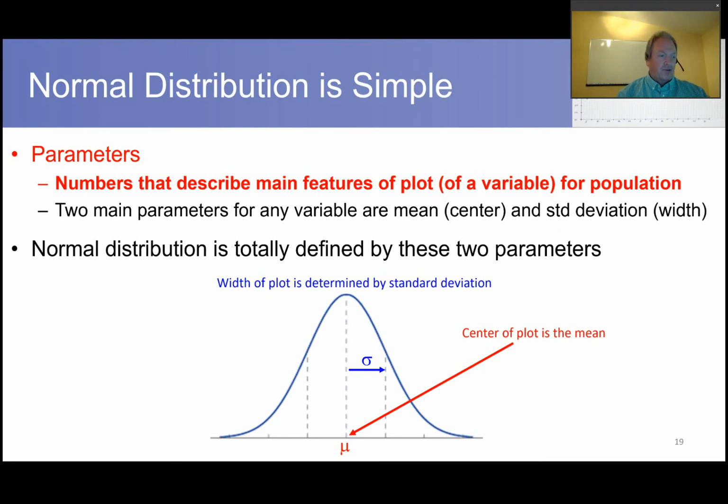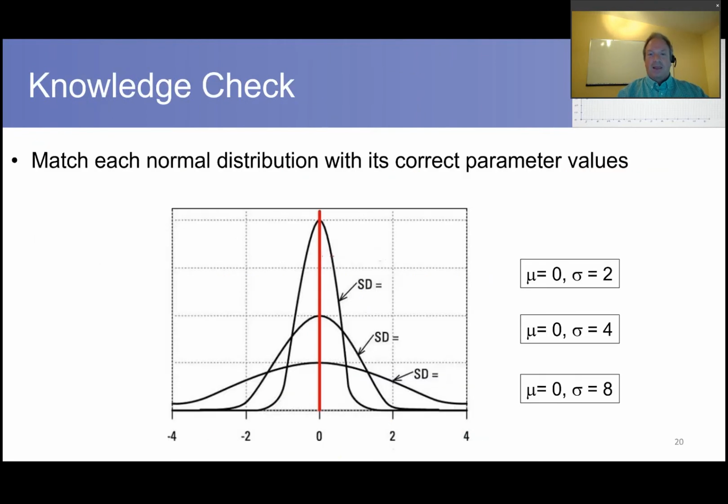Okay, let's go ahead and test our knowledge. Here we have three normal distributions. Where are they centered? Well, the means are all at 0. The mean tells us where the center is. But these three numbers, sigma equal to 2, that's telling me the width is characterized by 2.